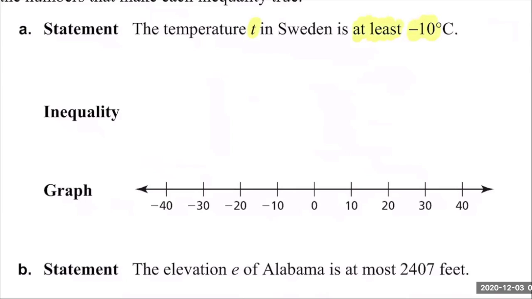So right away, I know we're going to be comparing T and negative 10 because those are the only two things to compare. So now the only other thing we have to figure out is what does at least refer to? So I like to use things that we would actually deal with in real life. Because I don't know about you, but dealing with the temperature of Sweden, I don't really encompass that in my day-to-day life.